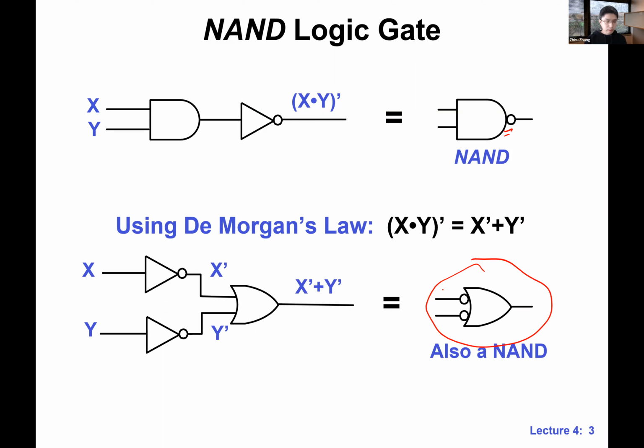In this class, in most cases, we'll be using this symbol to indicate a NAND, but this is also fine, because these two are functionally equivalent due to De Morgan. Now think about the truth table for NAND. How many ones do we have in the output column?